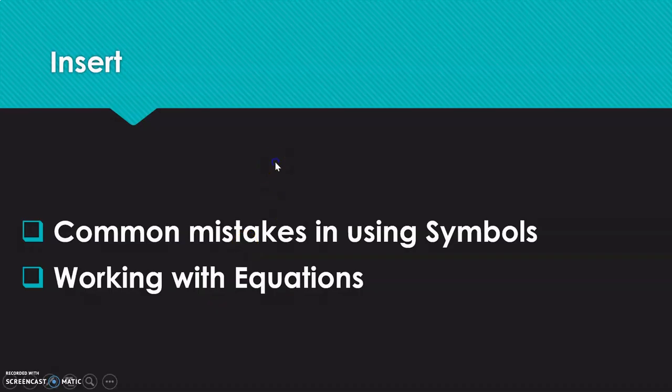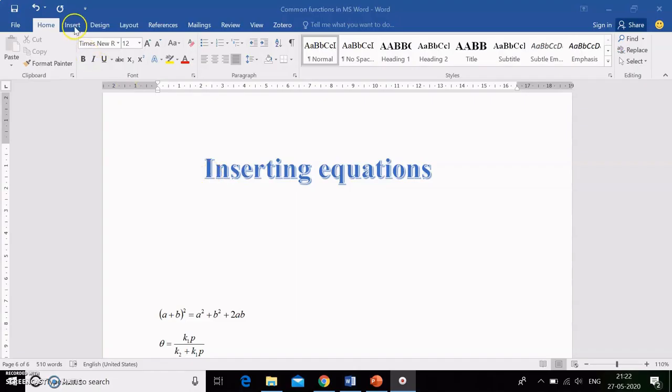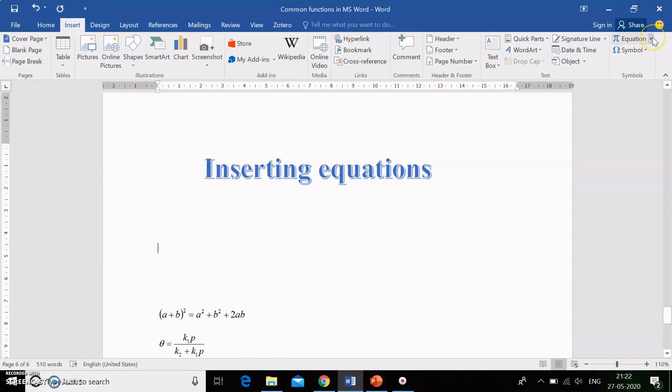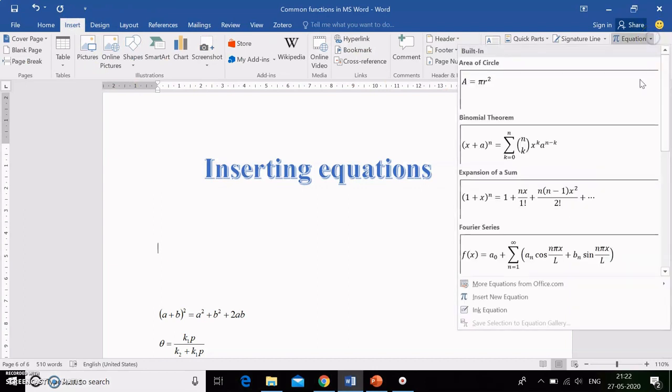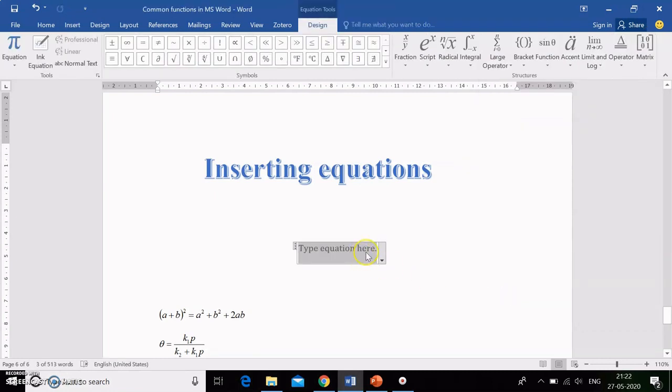Now let's see how to insert equations in a Word document. In the Insert menu, on the right end, you can see equations. A new equation can be inserted. On the top, you can see all the mathematical functions and symbols that you may require.